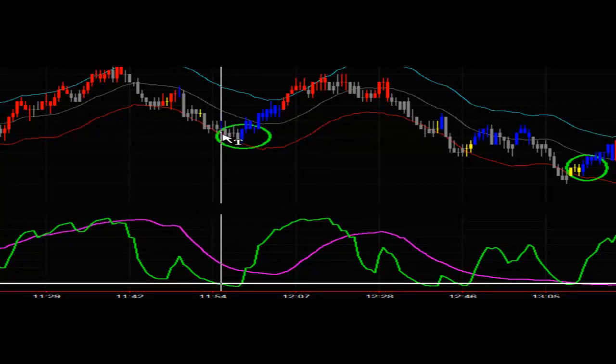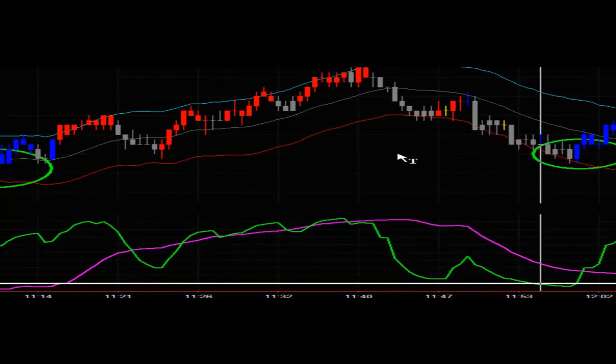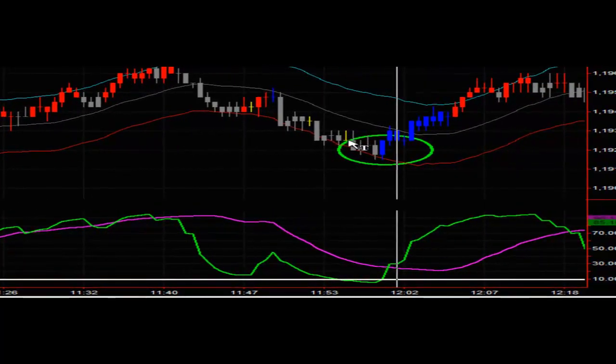We have, zoom in even closer here, one yellow bar right here, but it's not confirmed by a blue bar, so we get a little bit more of a downtrend, and we get gray going directly to blue, which is just as strong as a gold to blue. Okay, so there's your signal. That bar right there, after that paints and completes, that's an entry signal.